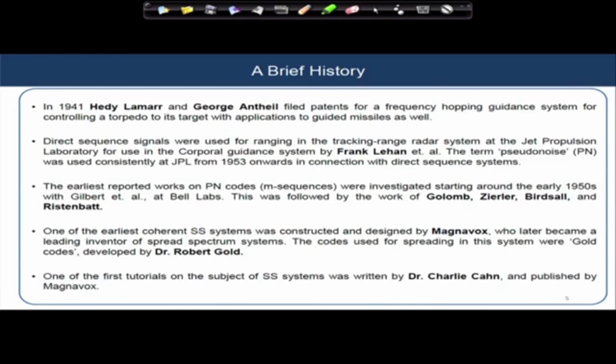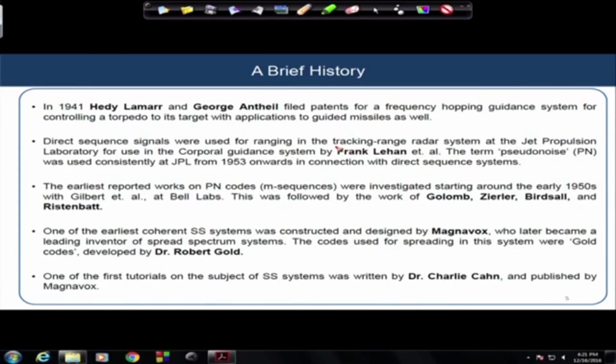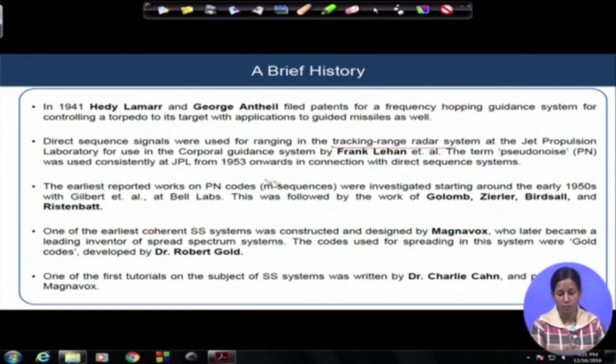The direct sequence signals were used for ranging and tracking radar, which we call a tracking range radar system, and it was used at the Jet Propulsion Laboratory. It is JPL who gave the term pseudo noise to these direct sequence spread spectrum systems from 1953.